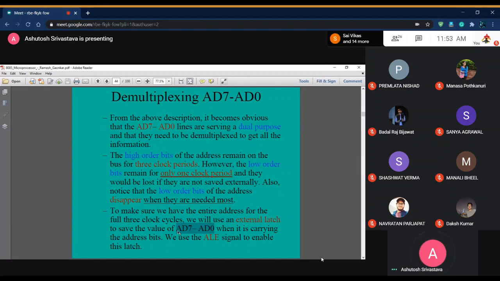Okay, and to trigger the functionality of this external latch, one needs an ALE system.